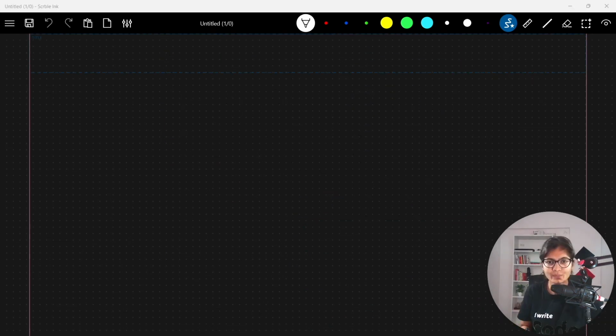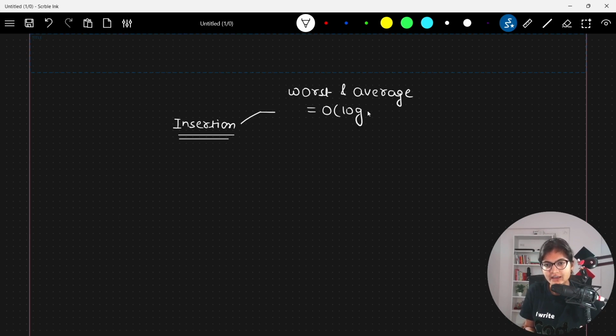What we have seen while talking about insertion is that whenever we insert any new element, the worst case, as well as the average case time complexity, will be equal to big O of log of n. But suppose someone asks you, what should be the best case time complexity in that scenario? What should be your answer? What could be the possible answer?